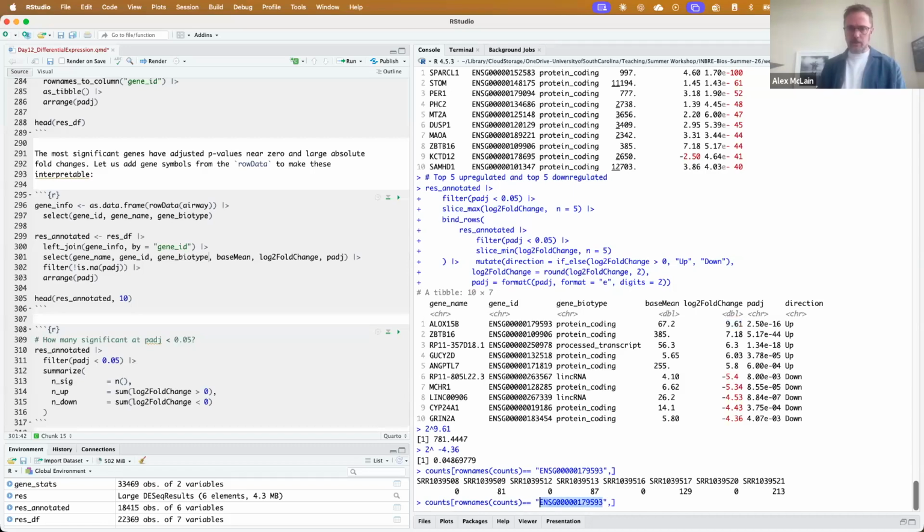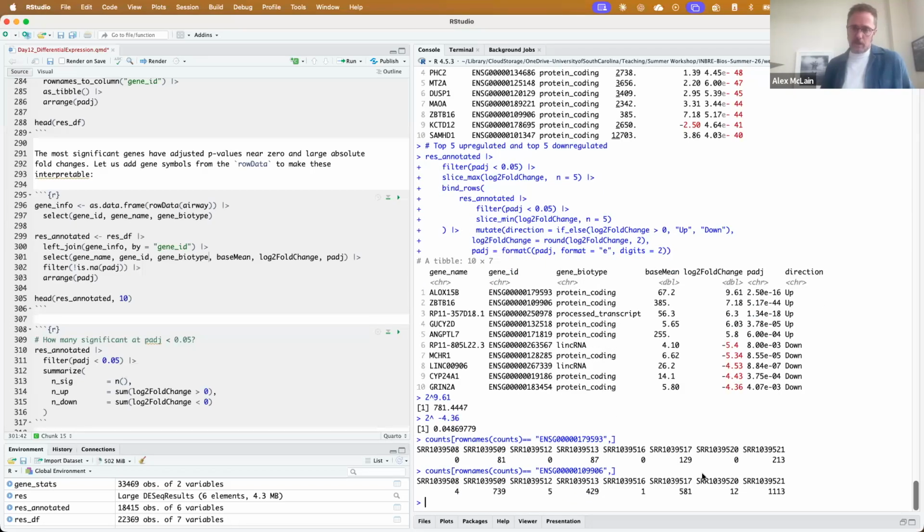This one has a larger base mean. Wow, yeah, clear difference there. Very large difference between the treated and untreated in this case. Log2 fold change 7.18.